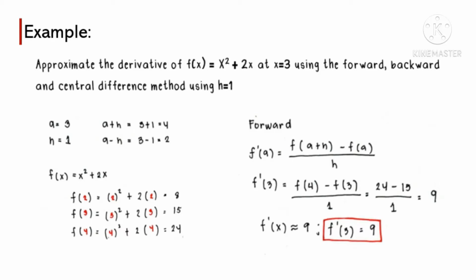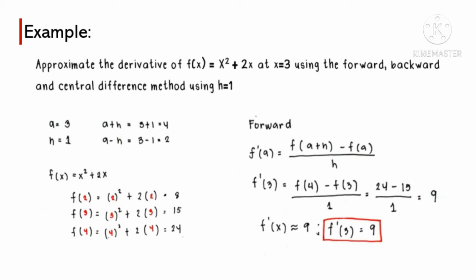Solving the other values, let us compute point of interest plus step size. We have 4, and point of interest minus step size, we got 2. So after solving these values, let us substitute 2, 3, and 4 to f of x equals x squared plus 2x.